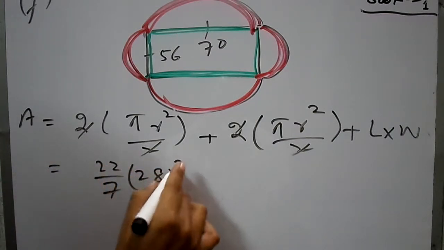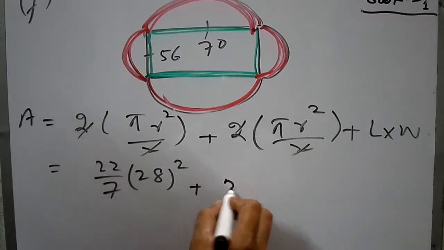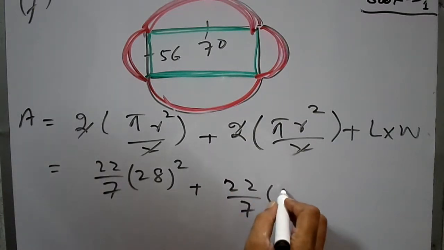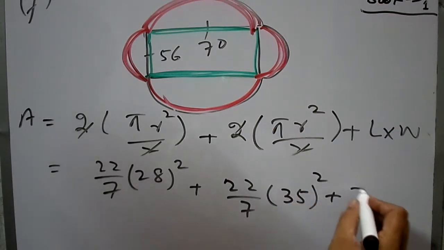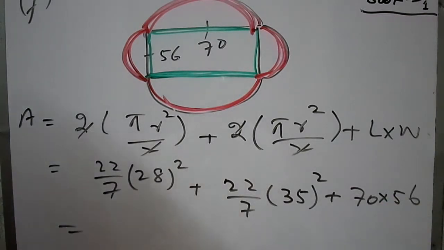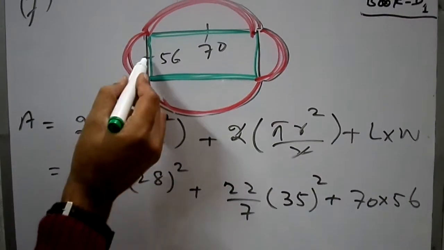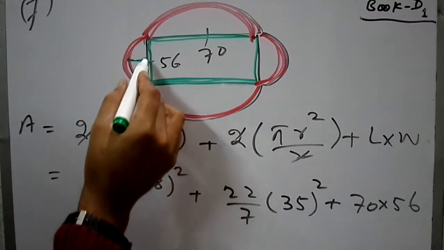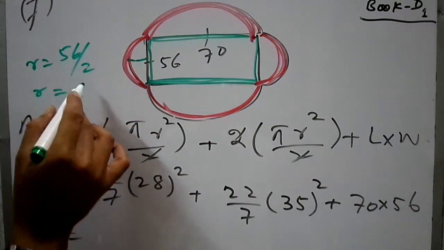You have to put the values, and after simplification you will get the square and 70 into 56. Here I have used 28 because that is your diameter, and r will be 56 divided by 2, so r is 28.